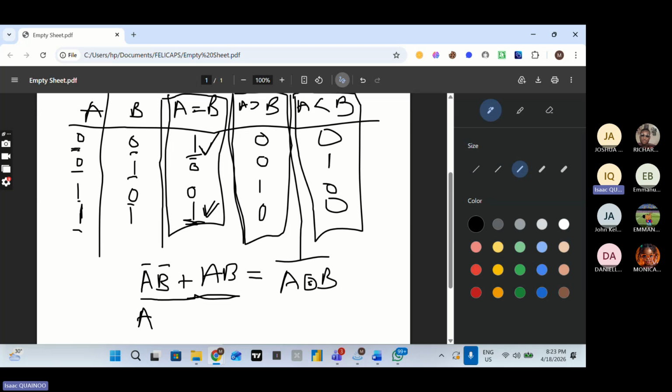So if A is 0 and 0, A equals B will be 1. If A is 1 and 1, A equals B is 1, right? So this gives us a general rule that always, when the two inputs are equal, A equals B is going to be 1. Please, do you all agree with that?